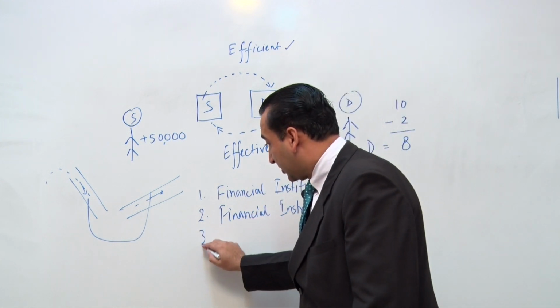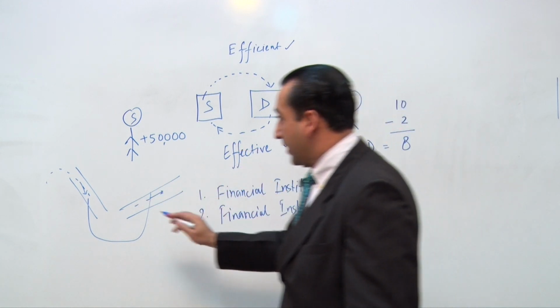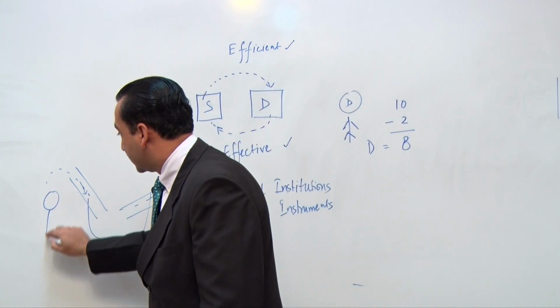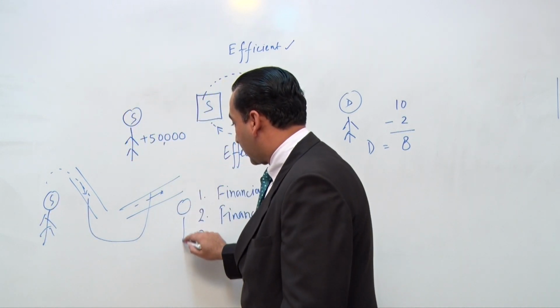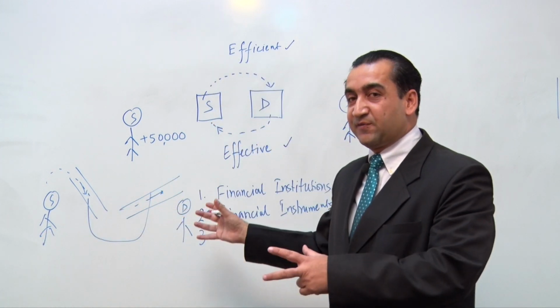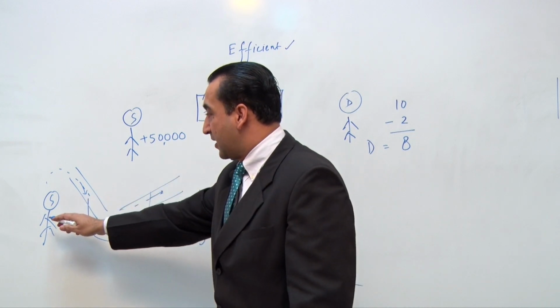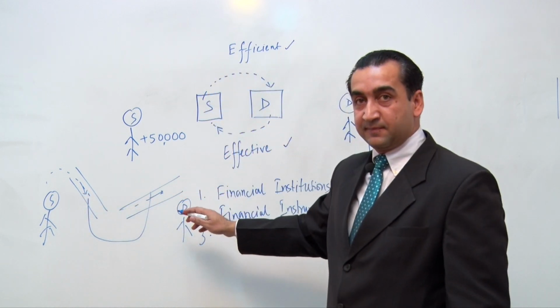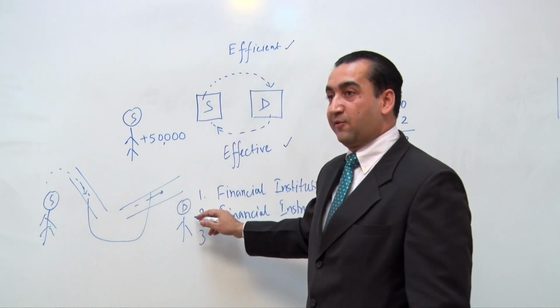The third thing which will make the system run is bringing the surplus and deficit closer. When I say bringing the surplus and deficit closer, it means we are trying to bring the person who has money and the person who needs money together. That means, can I say, the supplier of money and the buyer of money?